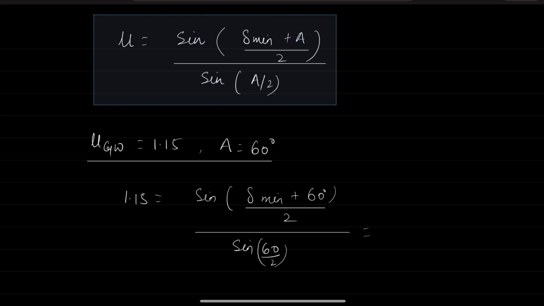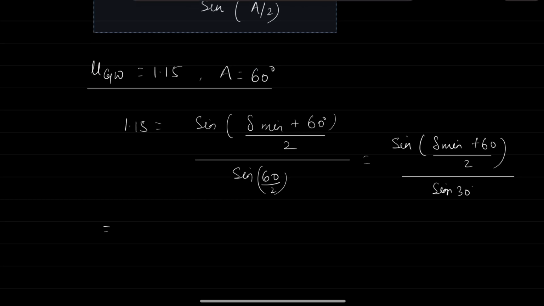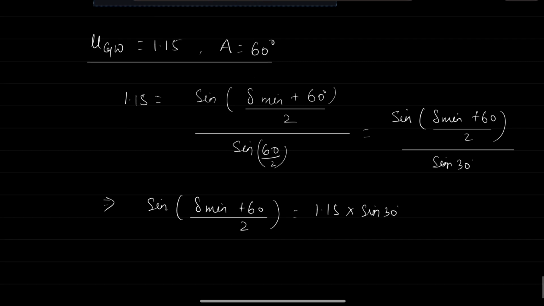So we can write it as sine of (minimum deviation plus 60) by 2. We can't solve it directly because we don't know the minimum deviation value, and this is sine 30. So we transpose it. So it can be written as sine of (minimum deviation plus 60) divided by 2 is equal to 1.15 into sine 30 degree. Sine 30 value is 1 by 2.